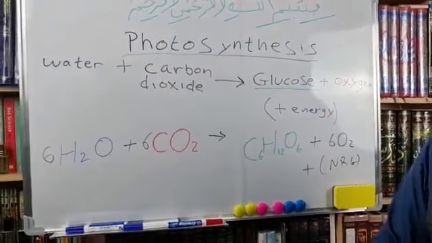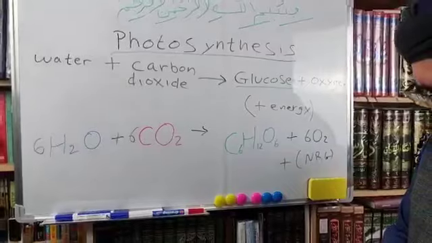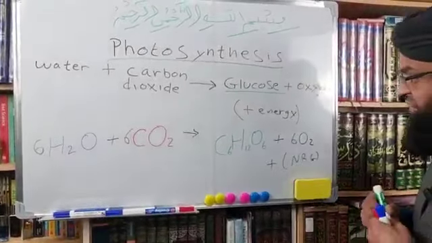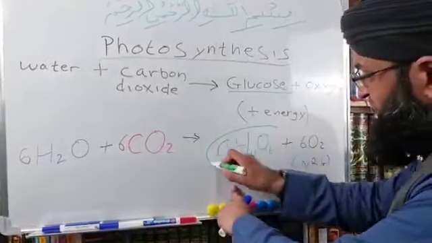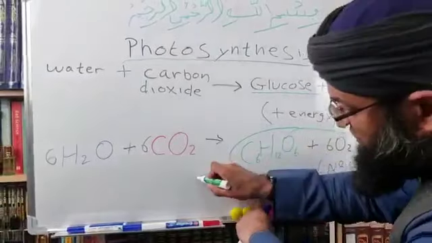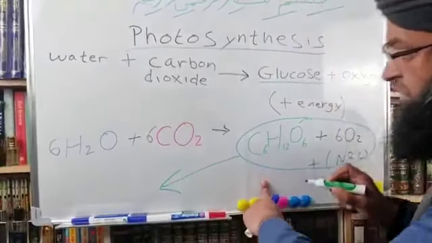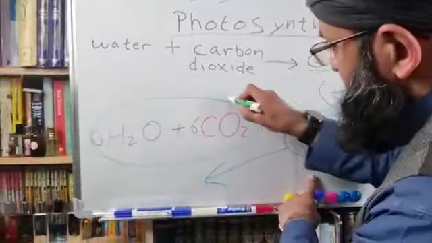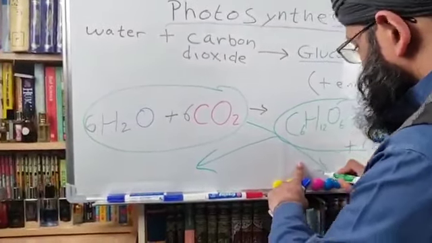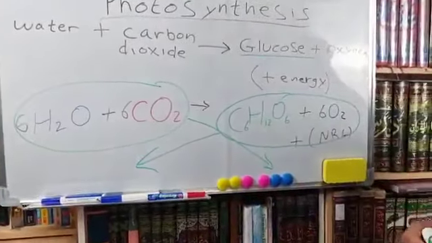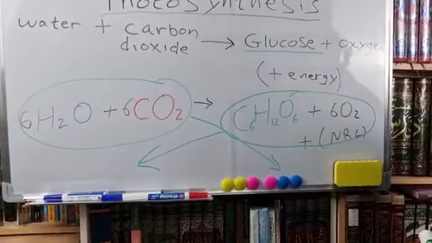Now, as a bonus, what we have also learned, without even knowing maybe, is that if we place all of this onto this side of the equation, and all of this onto that side, that is the equation for respiration.